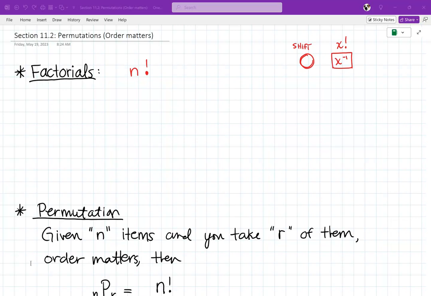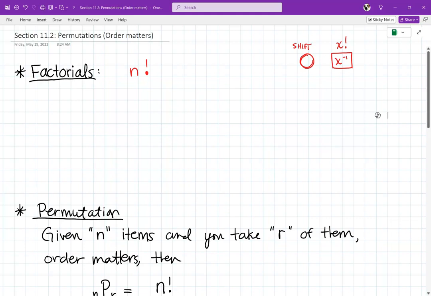First off, I want to talk to you guys about what a factorial is. A factorial is basically a number that gets counted down and multiplied. So I put right here factorials, n with an exclamation mark. That exclamation mark is called a factorial. So that's the way we say this thing in red right here, n factorial.